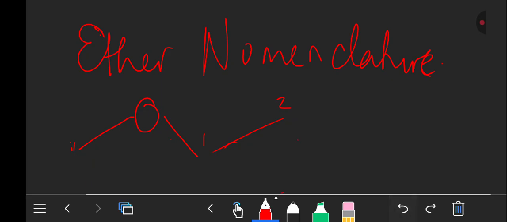So this methoxy, let's name the position. This is 1, 2, so we'll consider this to be an ethane because it has 2 carbon chains.